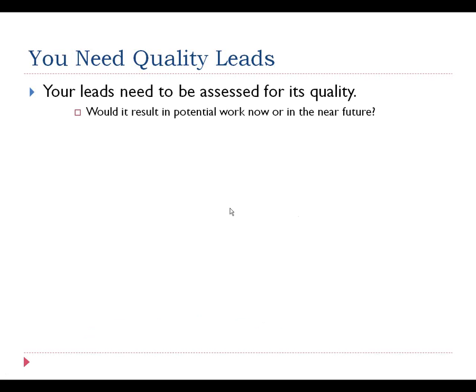Basically what they're looking for is whether it would result in potential work now or in the future. In the past, because of maybe a lack of systems, if it wouldn't result in potential work now, people would abandon the lead. But a lead can be potential work in the future.